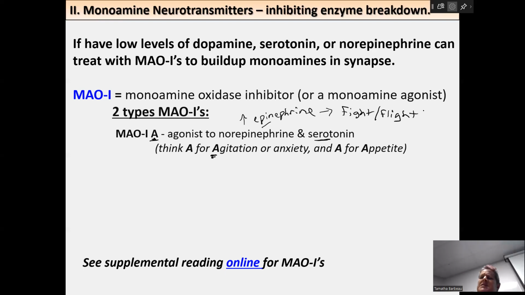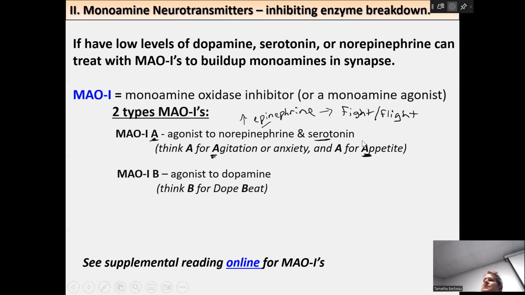But remember I said 90% of the receptors are located in the gut. So I think appetite, because that's a GI thing. So I think A, appetite, serotonin. It's a bit of a stretch, but it helps me tell the two different MAO-Is apart. If you can come up with something better, please do.